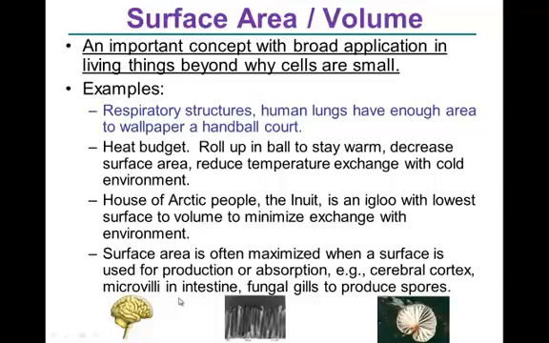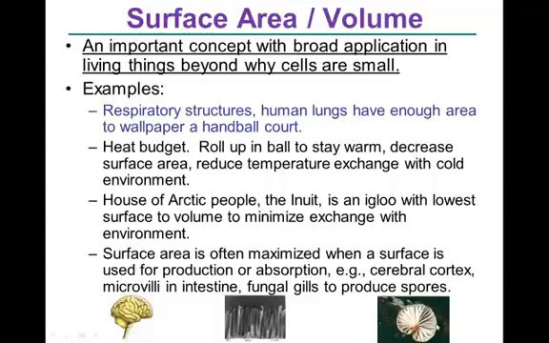Think of microvilli in the intestine. Microvilli are little finger-like extensions of the cell membrane. So instead of being a smooth membrane, the cells that line the intestine have these finger-like microvilli. This greatly increases the surface area.